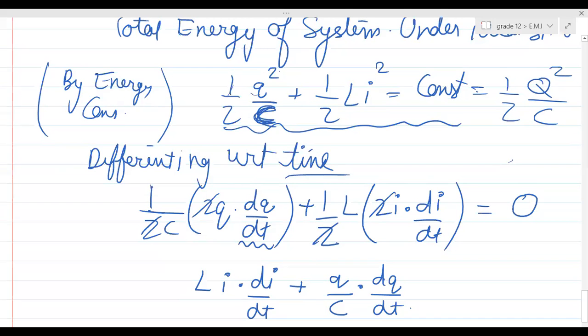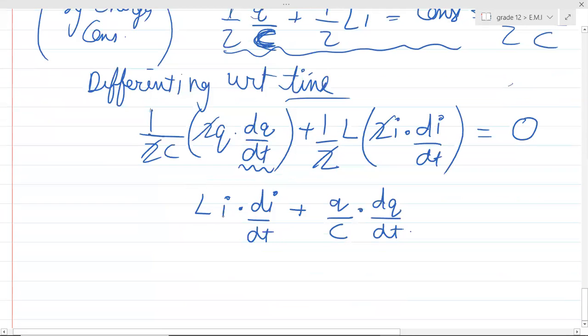Can I write it like this? Yes, sir. Can I write this i as dq by dt? Yes, sir. Can I write this as dq by dt? Common, taken common. This i and this dq by dt is taken common, okay?